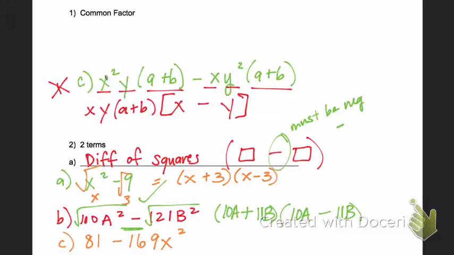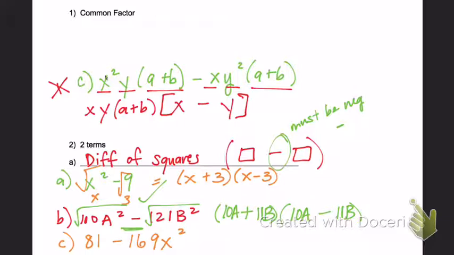But that doesn't matter. In fact, it's almost better this way, as opposed to negative 169x squared plus 81. Because if you had it written like this, you would look at it and think, oh, this is not even a difference of two squares. Like, I don't even know what to do with this. So when you switch the two and it becomes 81 minus 169x squared, then you can look at it and say it's a difference of two squares.